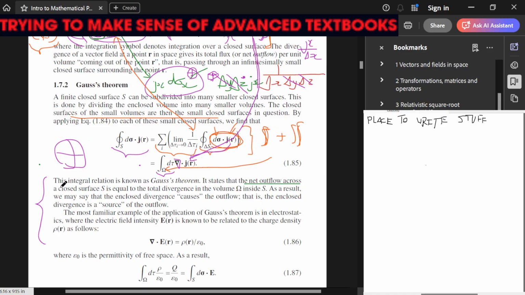The net outflow across the closed surface. So stuff is coming out, stuff is coming in, maybe, but stuff is coming out. The net outflow is equal to the total divergence inside the volume, inside S. So the net is equal to the sum of all the divergences inside.